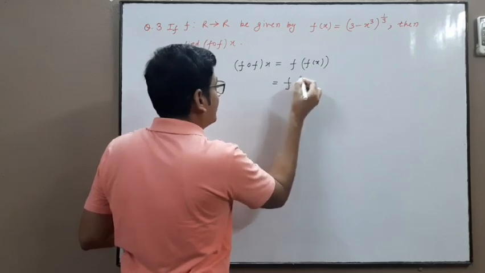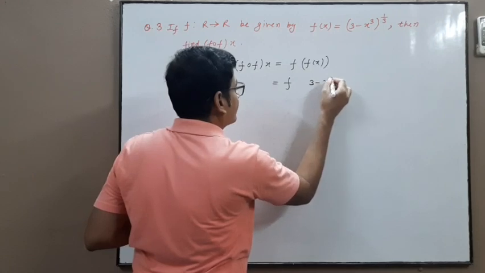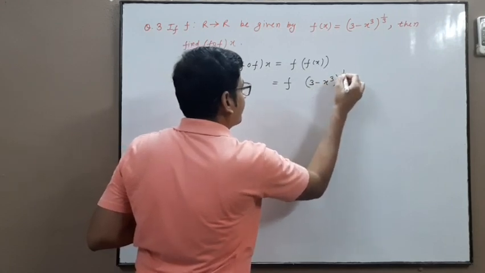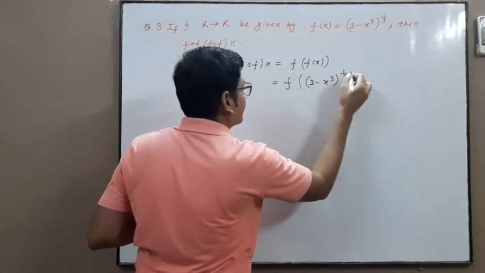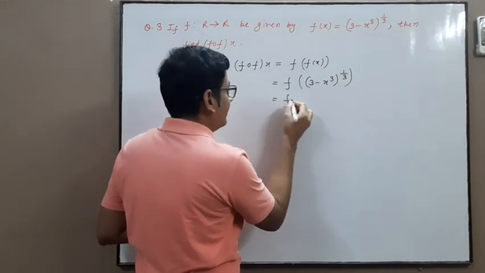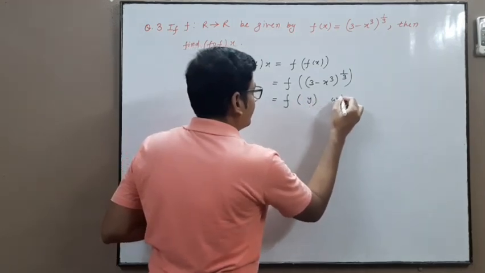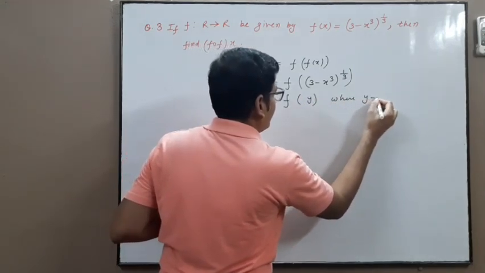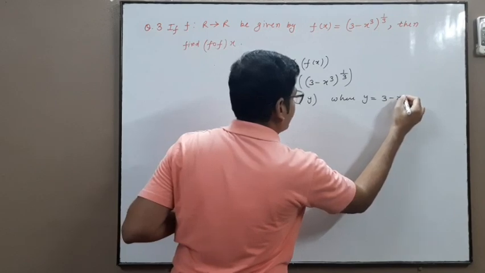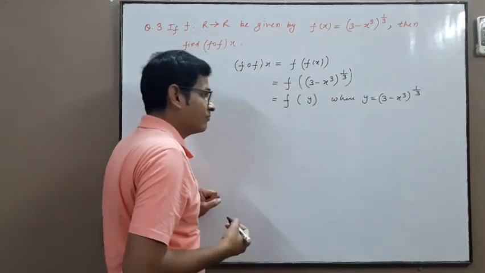Now substitute the value of f(x): f(x) equals (3 minus x cube) raised to the power 1 by 3. Next step, let us consider this quantity as y, where y is equal to (3 minus x cube) all raised to the power 1 upon 3.